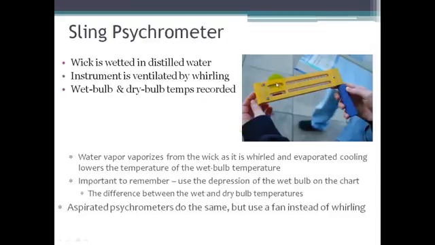As you spin it, the water on the sock evaporates and causes the temperature of that thermometer to decrease because of the latent heat it takes to evaporate that water. So the temperature of one thermometer goes down while the other is just reading the regular air temperature. Once you get those two values, the wet bulb temperature, as the one with the sock is called, and the dry bulb temperature, there's a chart that allows you to compare the two, and it will tell you the relative humidity.